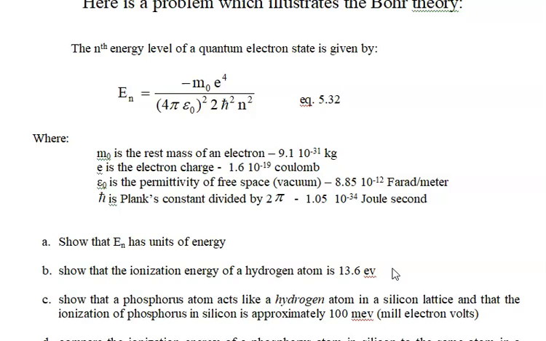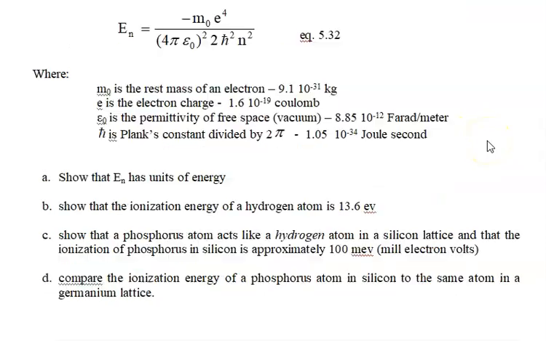And what that says is how much energy it takes to strip an electron from the ground state, where n is equal to 1, to its position where it's completely free of the hydrogen atom, where n goes to infinity. So we just stick in a 1 here, and that will give us, in fact, the ionization energy of hydrogen.